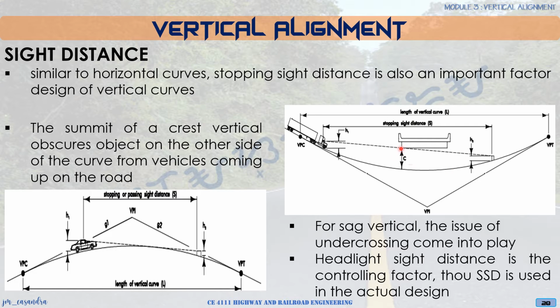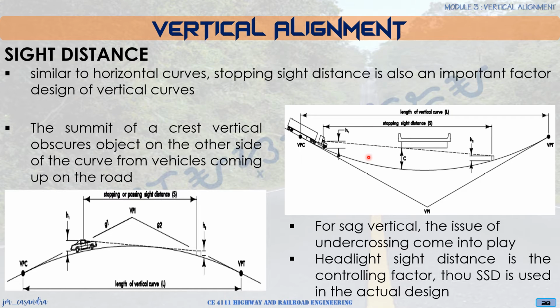So kung wala man itong structure dito sa taas, there's no undercrossing, then there's still a design when it comes to sag curves. And usually this is more applicable during nighttime, since during daytime on sag curves, drivers would be able to see our obstructions on the opposite side, since wala naman nag-obscure doon sa kanyang line of sight, unlike for crest vertical curves.